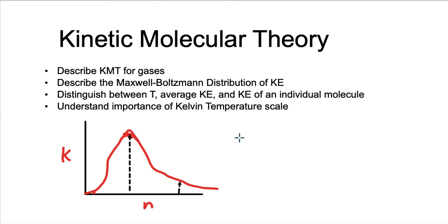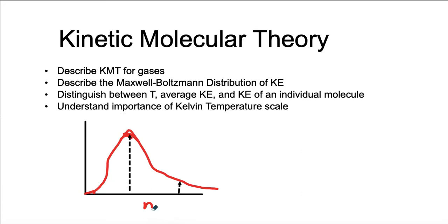And so the kinetic molecular theory has to do with, at a given temperature, you have this distribution. A bigger atom, a heavier atom or molecule, is going to be... You know what? I have these switched. Sorry about that.